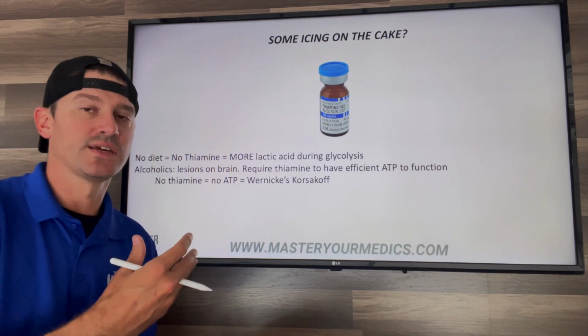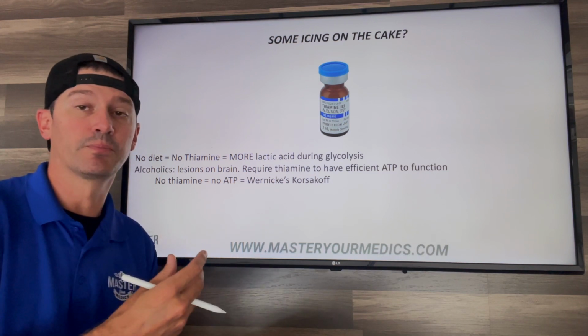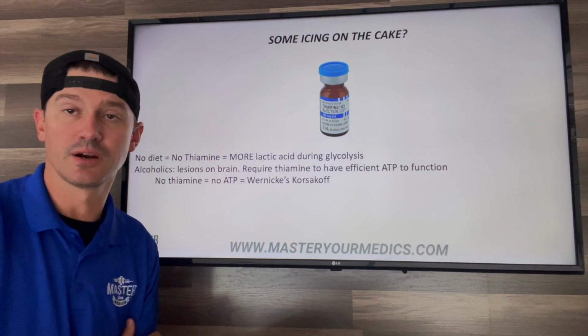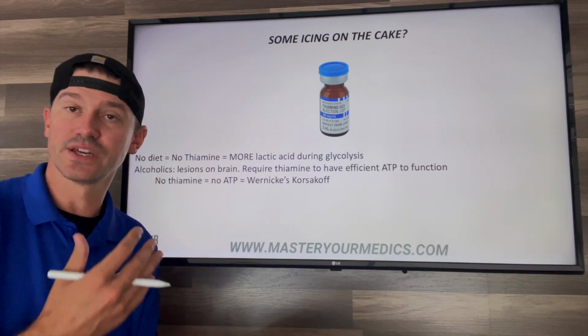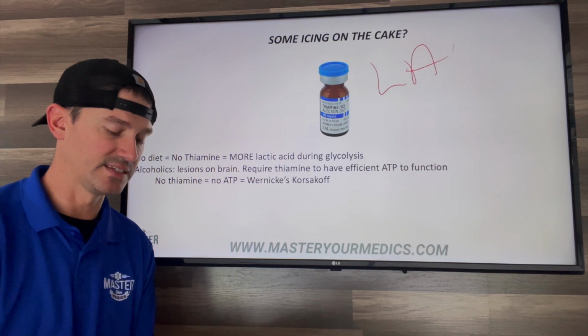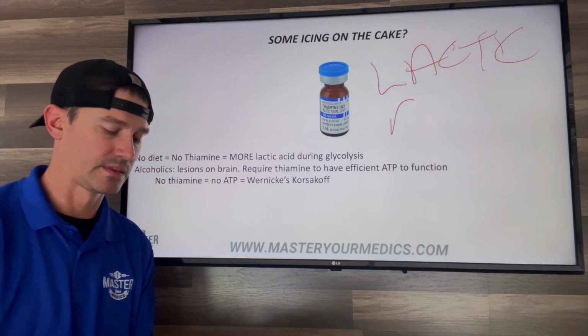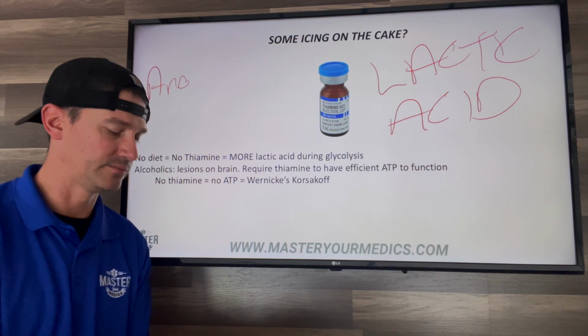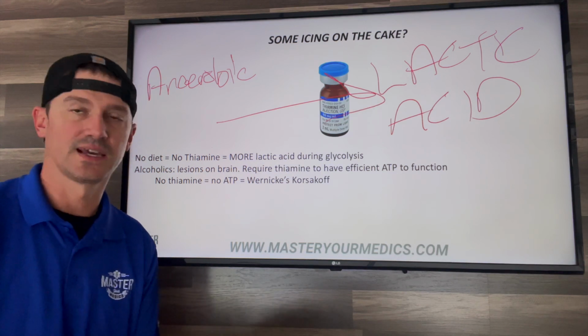So with that, the body has now shifted into a process of anaerobic metabolism since we're not efficiently operating in the Krebs cycle. With those anaerobic metabolisms, we know that a big thing is lactic acid from anaerobic metabolism.